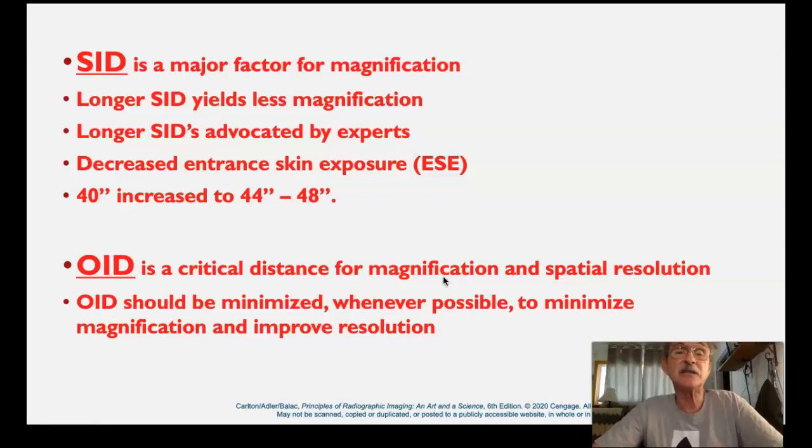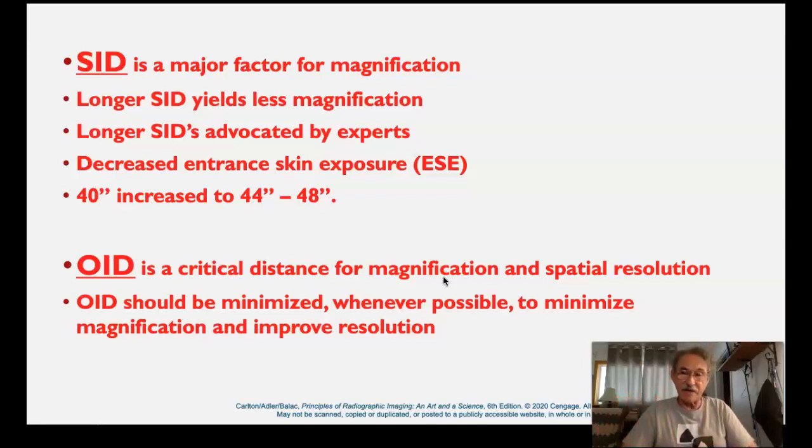Longer source to image receptor distance yields less magnification, based on the fact that if we move our source back, then we can collimate our beam and we can use only the straighter X-rays, as opposed to when we move in, we have to open the beam up a little bit.